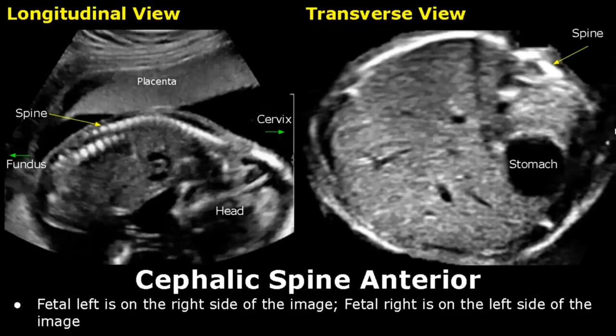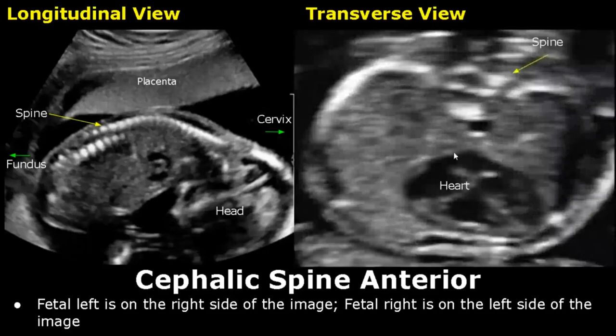The spine is seen on the upper side of the image and here is the stomach, so this is the left side of the fetus. And here is the heart. The apex is pointing towards the fetal left. This is the left side of the fetus. The spine is seen on the top side of the image.